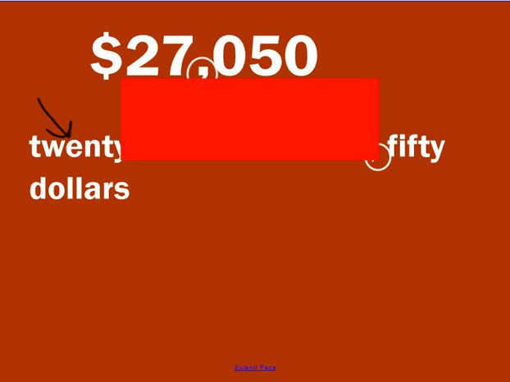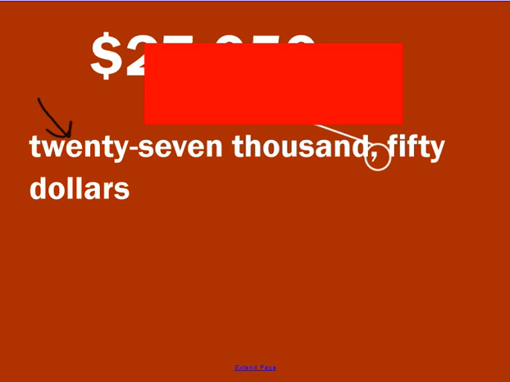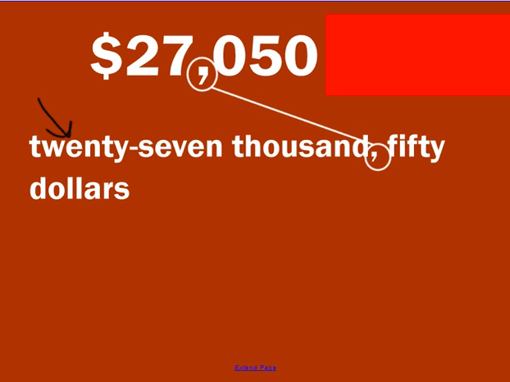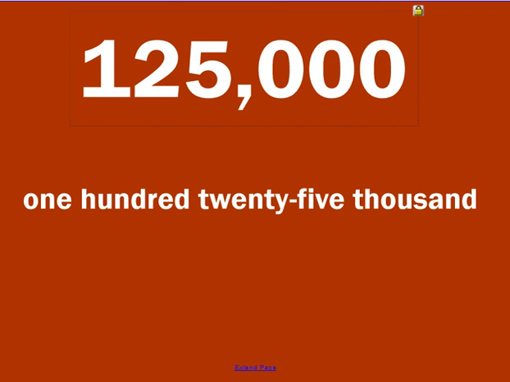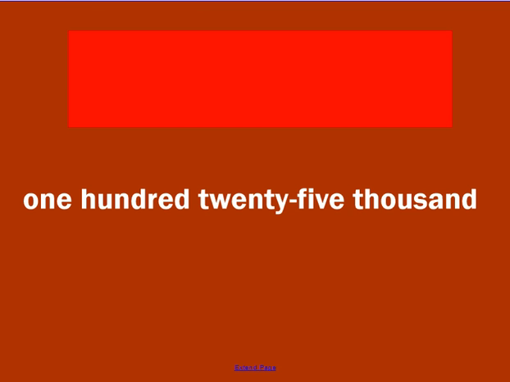And since I have 5 digits, I have my hundreds and I have my thousands, so I need to write 27,000, and because there's a comma in the number, which signifies the end of the thousands place, I need to also write it in my words. Then I can finish my number, and I have only 50 left. So 50, and don't forget the label, $50.